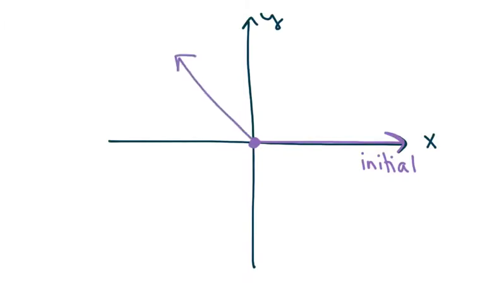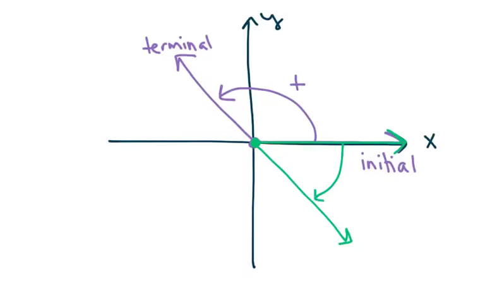And the angle measurement will always be the number of degrees from the initial to the terminal. If we're moving in a counterclockwise direction, our angle will be positive. But if I start at my initial ray and instead I go clockwise to get to the terminal ray, that will be in a negative angle direction.